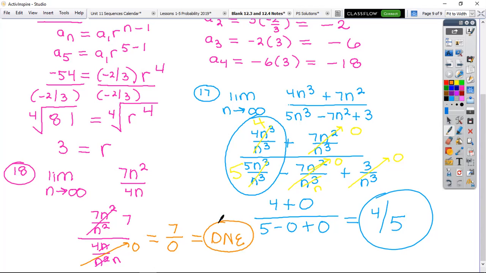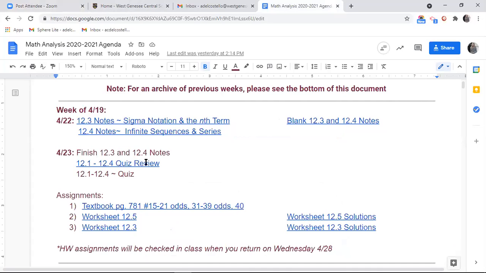So before I have you start your quiz, let me just briefly make sure you understand what homework is so that there's no confusion. So that when you're done with your quiz, you may absolutely start those. You have 2 worksheets and 1 textbook assignment. Let's see if I can pull that up. So your textbook assignment, page 781, those select problems there.